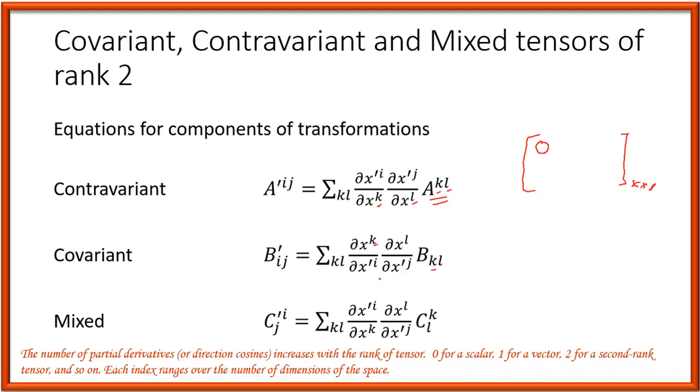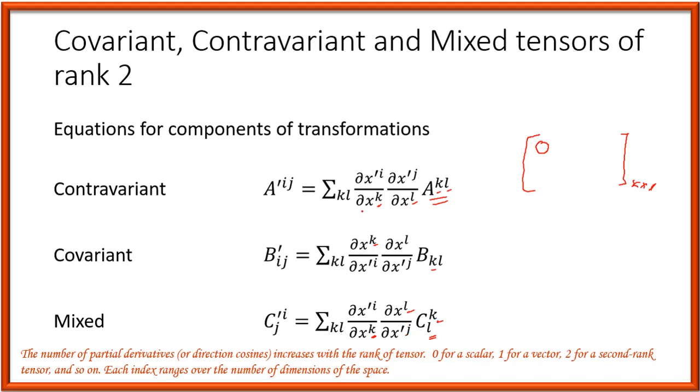If it is a mixed tensor, then one index may vary covariantly and another contravariantly. Therefore, since K is a contravariant transformation, K can transform as ∂xi' divided by ∂xk, whereas L can transform as ∂xl divided by ∂xj'.